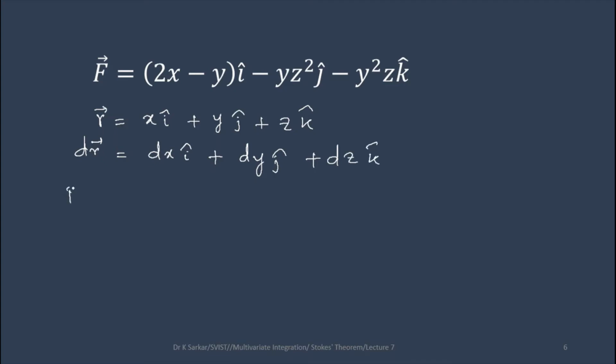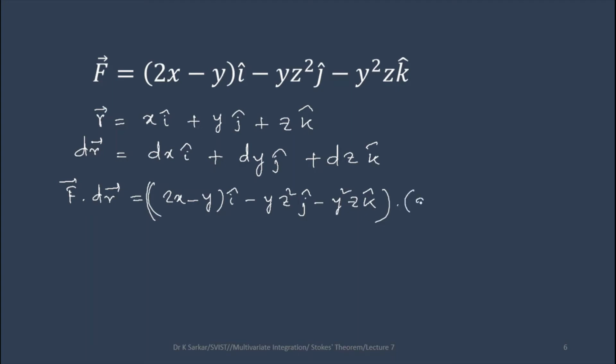Now f dot dr is (2x minus y) i minus y z squared j minus y squared z k dot dx i plus dy j plus dz k.